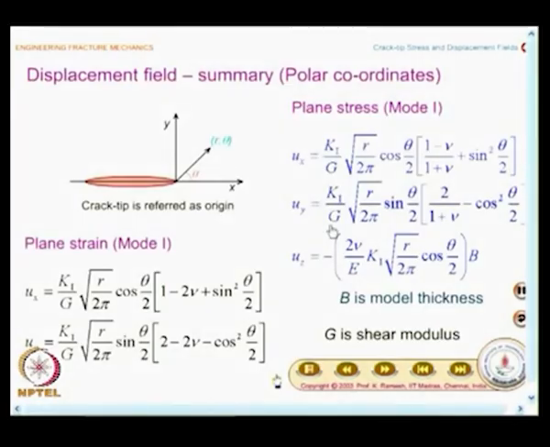Your method of mathematics employed has been consistent. We got singular solution for the case of a stress field, we got a bounded solution in the case of displacement. And books give these expressions in various forms.